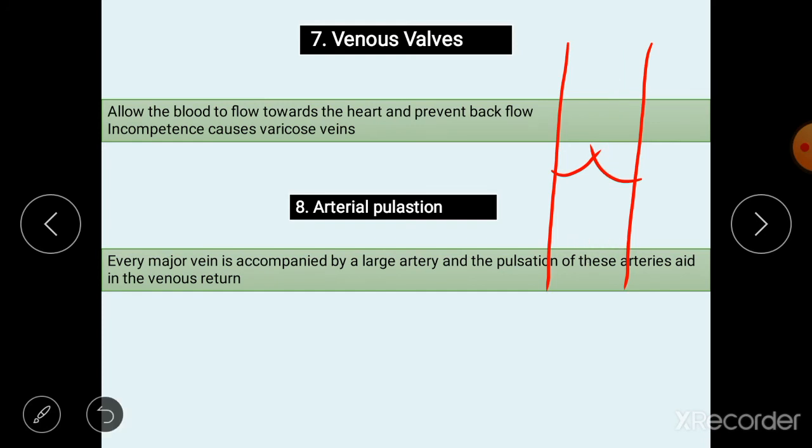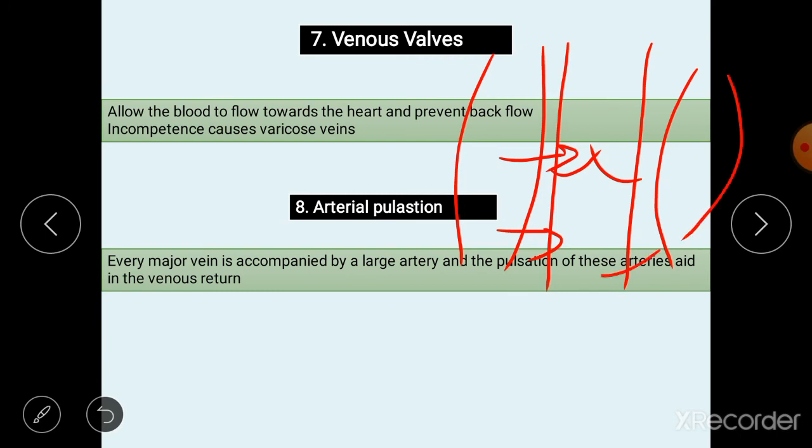As we already know, the walls of the veins do not have elastic tissue or a lot of smooth muscle, and they cannot contract efficiently. They depend upon their peripheral structures such as muscles to contract and compress the veins and push the blood within the veins towards the heart.